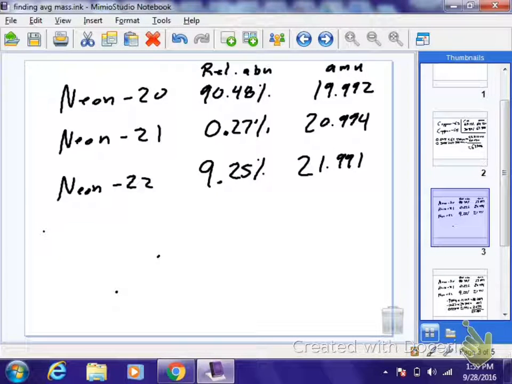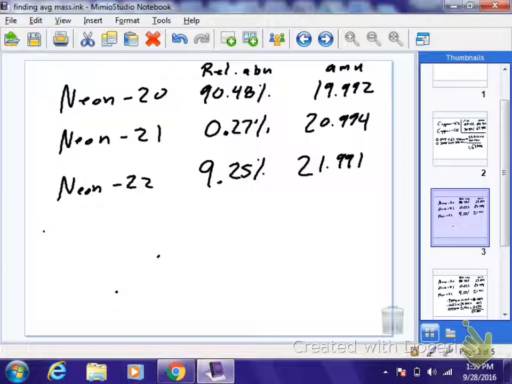So, neon 20, there's 90.48% of it. Guess what the weight's going to be close to? 20. When you find an average, if you have 90% of that weight, it's going to be really close to that weight. So you already know it's going to be 20 point something.